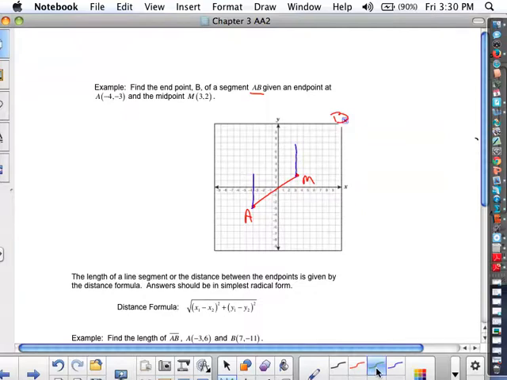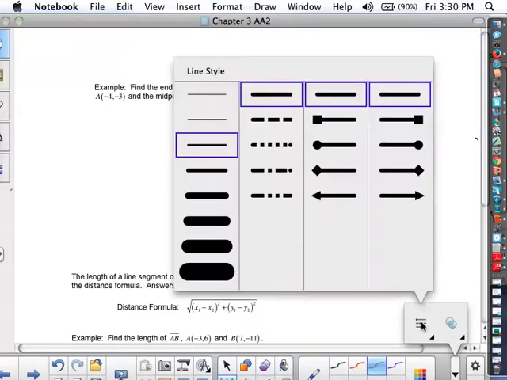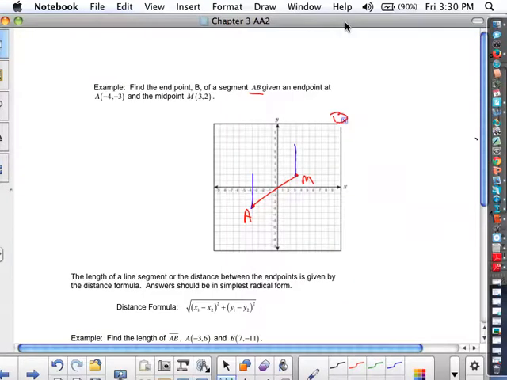And then we can look at the horizontal change. How does it change from A to M horizontally? From A to M it changes horizontally 7 units. So then you go up to M and you change that 7 units. And that will give you your point B here at 10, 7. So that's one way to look at it.